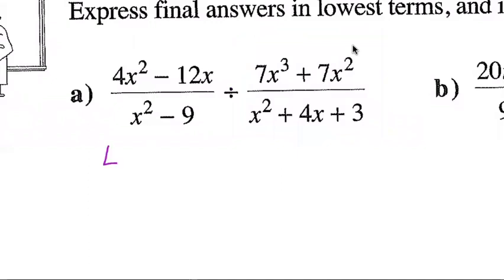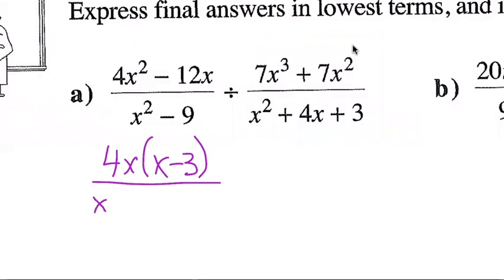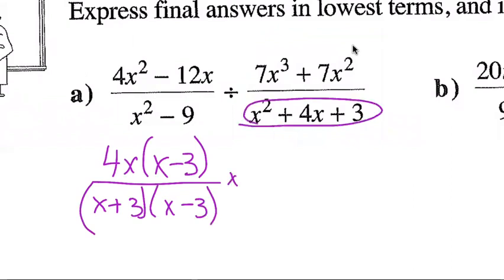That's going to give me 4x, x minus 3, all over x squared minus 9 is x plus 3, x minus 3. Difference of squares. Times, this is now my numerator. Oh, actually, you know what? I don't want to flip it, because I'm afraid I might miss some non-permissible values. So I'm going to leave it.